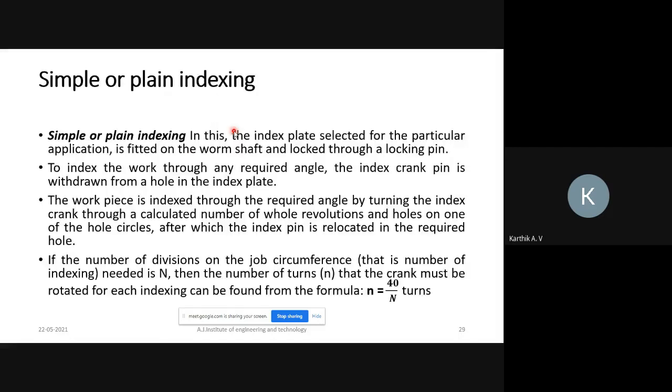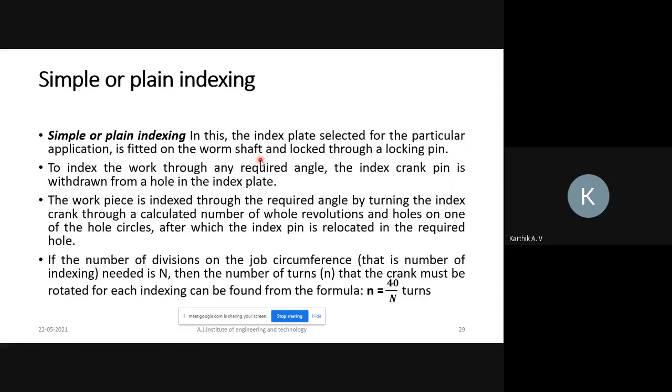The second one is the simple or plain indexing mechanism. In this, the index plate selected for the particular application is fitted on the worm shaft. So here, not directly, one full rotation is not equal to the spindle rotation.